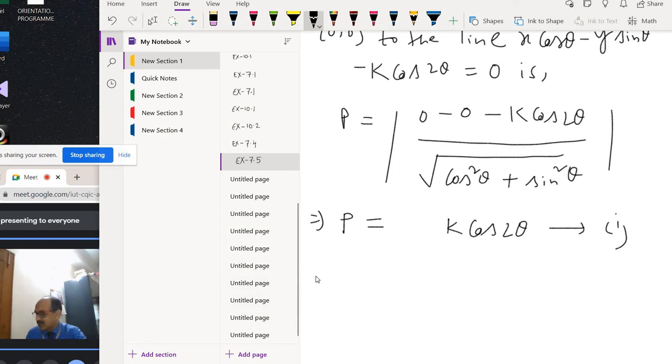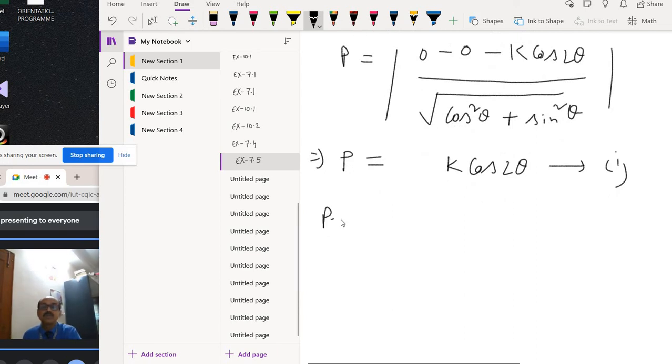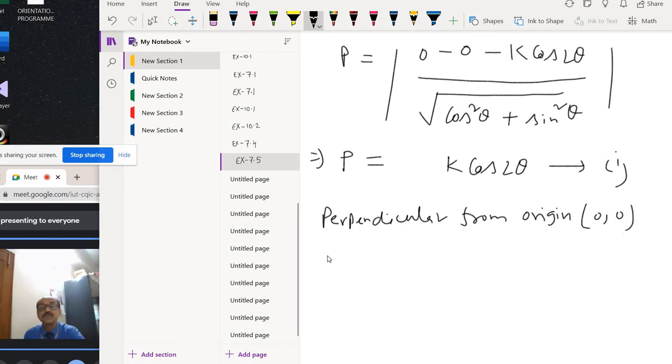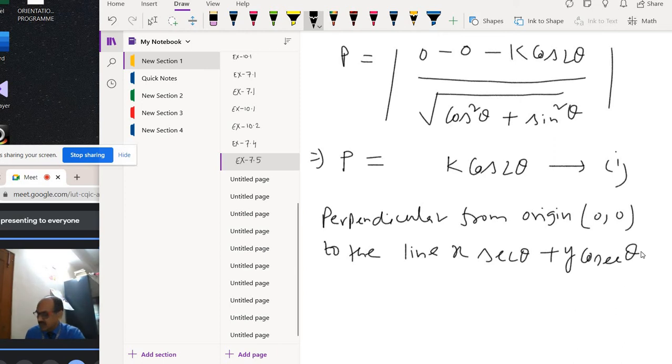Okay, now from the other equation, the perpendicular from the origin 0, 0 to the line x sec theta plus y cosec theta minus k equal to 0.